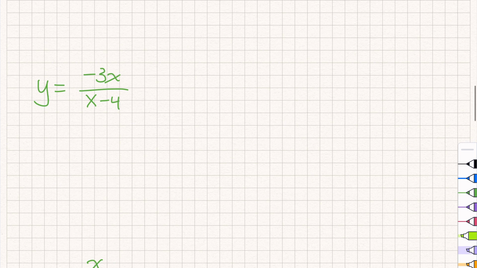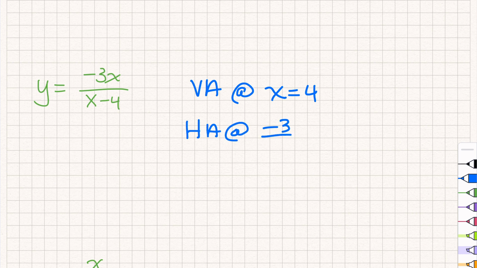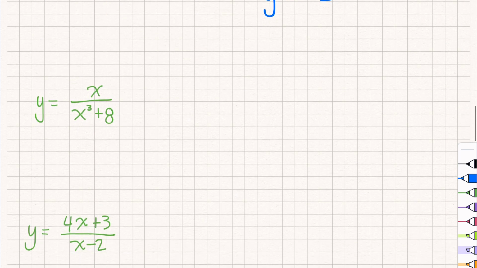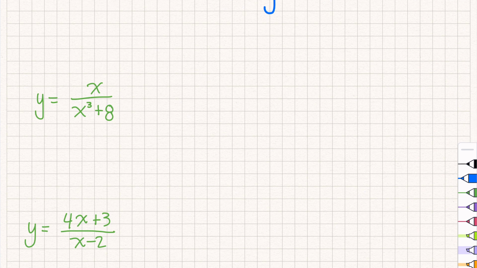So for the first one, we have y equals negative 3x over (x minus 4). So we're going to have a vertical asymptote at x equals 4 and a horizontal asymptote at negative 3 over 1, so y equals negative 3. Now the next one, we have y equals x over (x cubed plus 8).